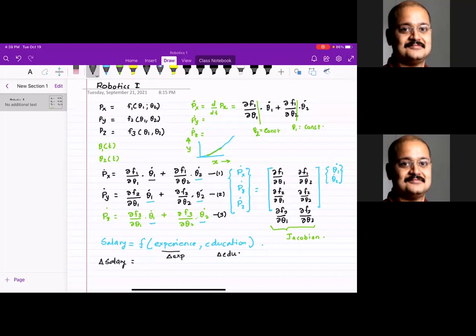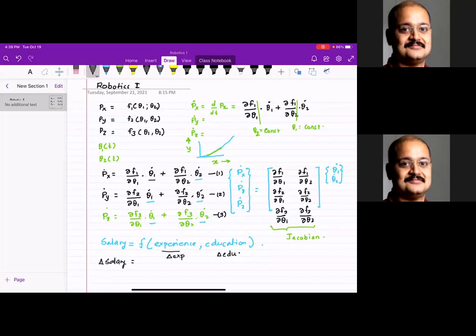It really depends upon the job that I'm doing. For an example, function is the requirement of the job. If my job only requires me to be a carpenter, or just a mechanic, or just a technician, then if I work more, I become expert, get more experience, and my salary would go up. So in other words, this equation can be written in form of the derivative.